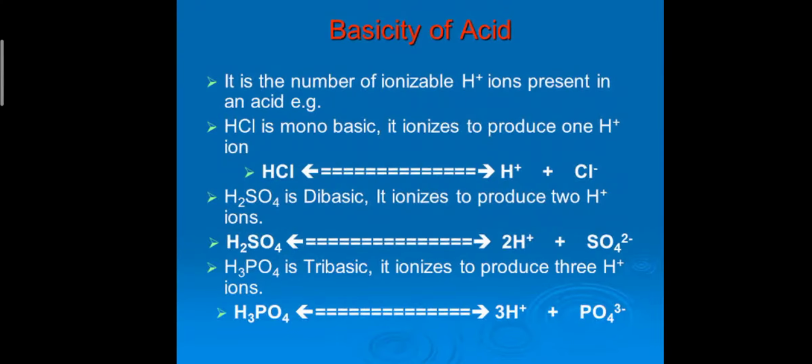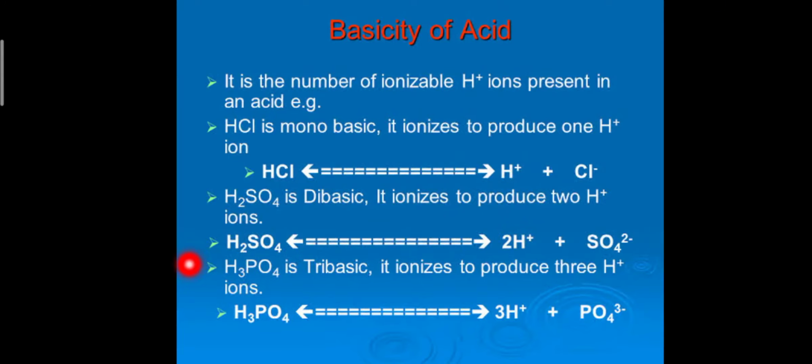Now the basicity of an acid. It is the number of ionizable H+ ions present in an acid. For example, HCl is monobasic. It ionizes to produce 1 H+ ion. H2SO4 is dibasic. It ionizes to produce 2 H+ ions.